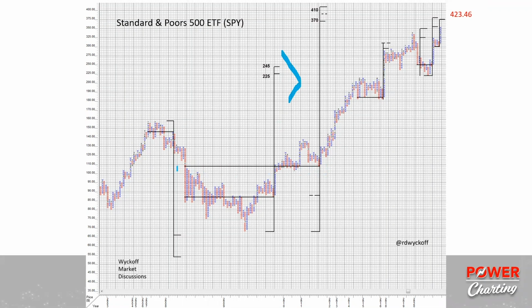Then we have this larger count area, which has the potential to be a campaign count. The count line is at around 110 area. It counts up to 410, 370. And here is a recent price at 423.46. So we've actually thrown over the top of this area.